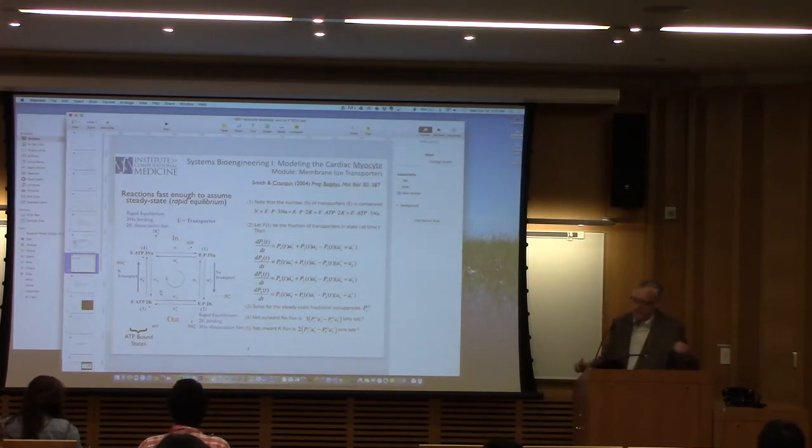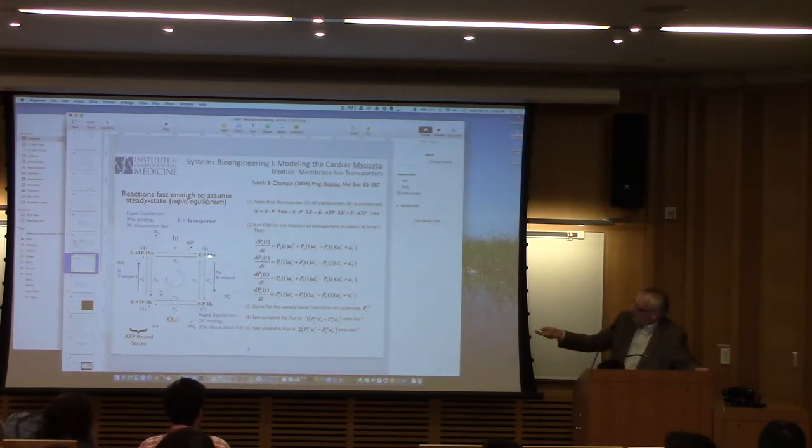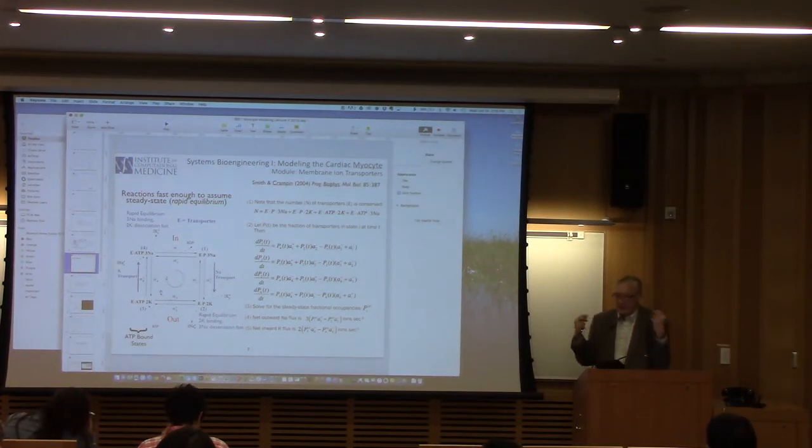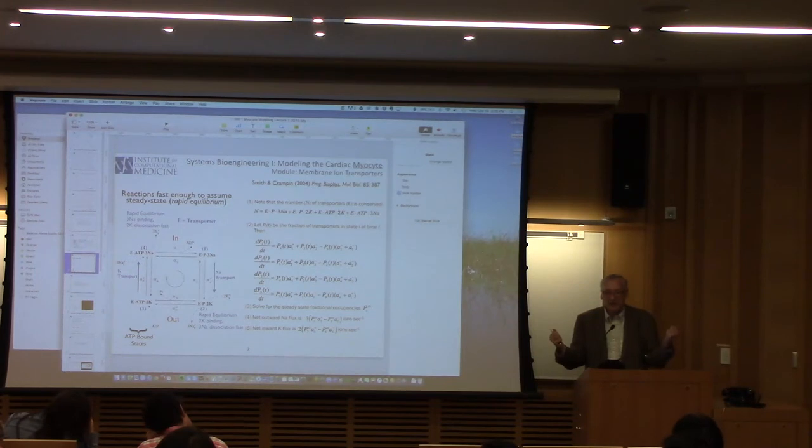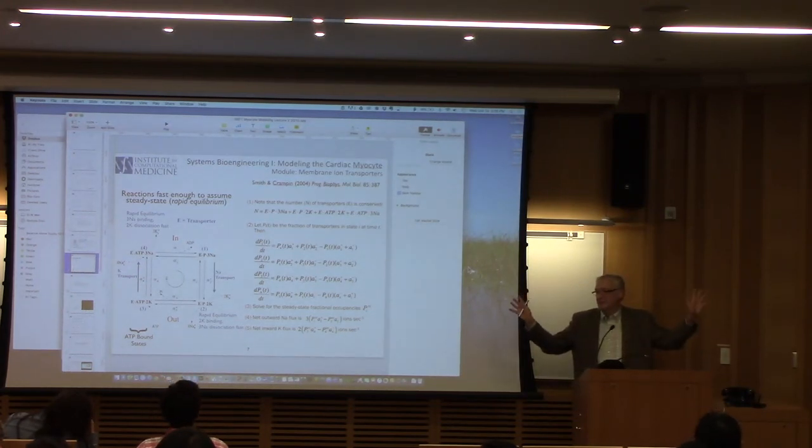What does it mean? It means that when the pump undergoes the conformational change that translocates these 3 sodium ions across the membrane, the rapid equilibrium approximation that is being made here is that instantaneously those 3 sodiums are gone from the pump. They unbind. And instantaneously 2 potassium ions jump onto that pump.